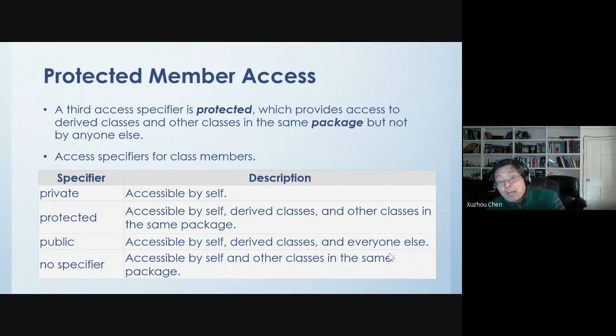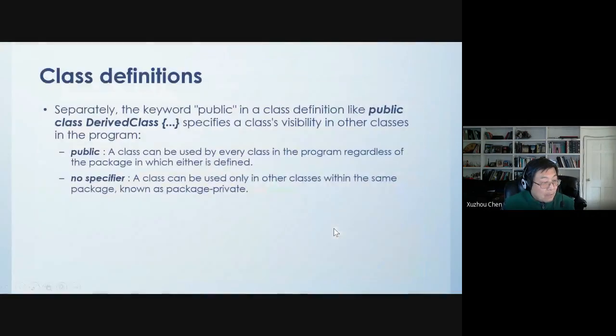If I call get balance in the derived class, it can access the balance. However, Java provides another keyword called protected. Protected means it's accessible by itself, derived classes, and the other classes in the same package. Other classes cannot access it, but the derived class can. That's called protected. That's something we're going to talk about later.